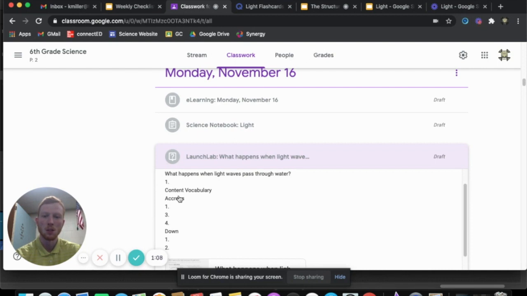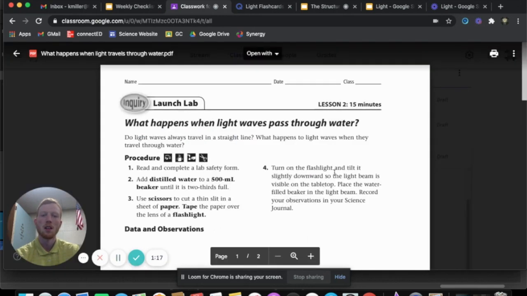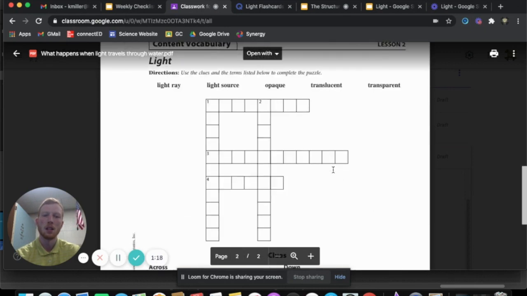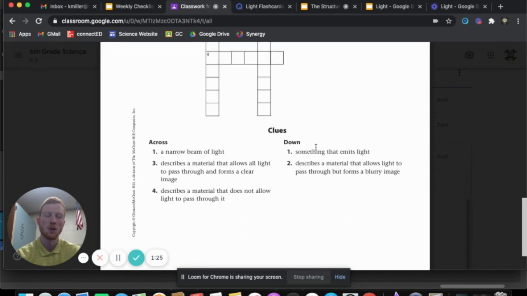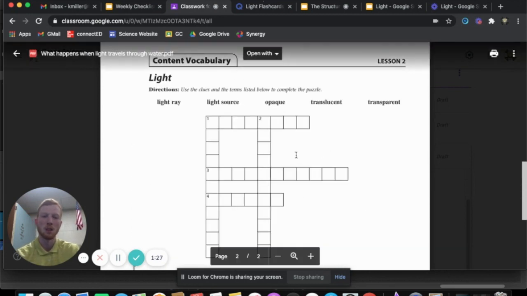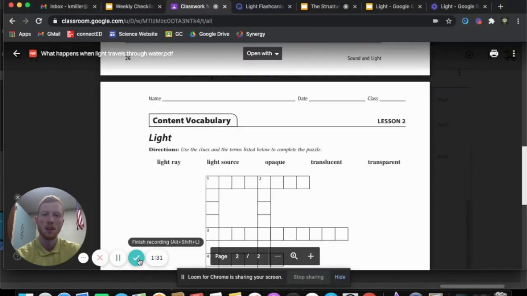Number 2, where it says content vocabulary, you can see across 1, 3, 4 and down 1, 2. So if I click back on the PDF of the lab paper, you can see I'm asking you for these. Basically, you're just going to be putting the word with the definition. Of course, I expect you to use your textbook in order to do that. Next, we're going to talk about vocab, and then we'll be done for today.